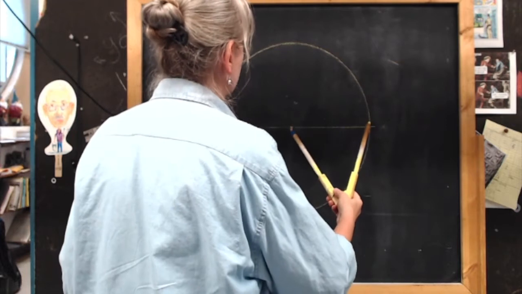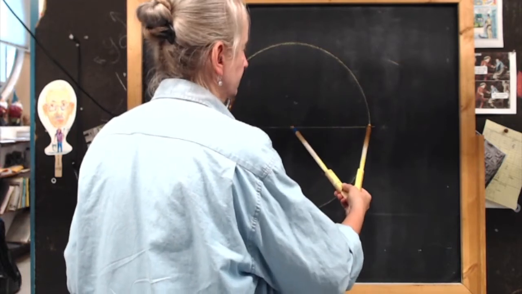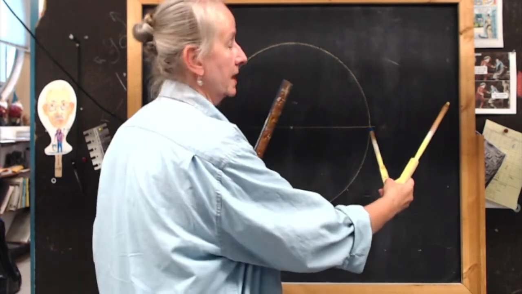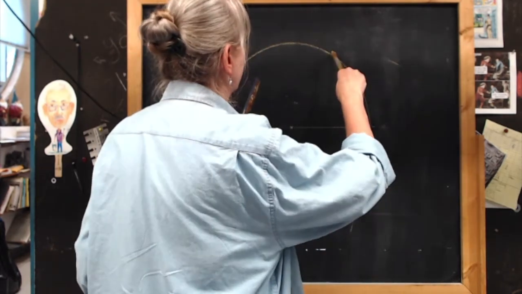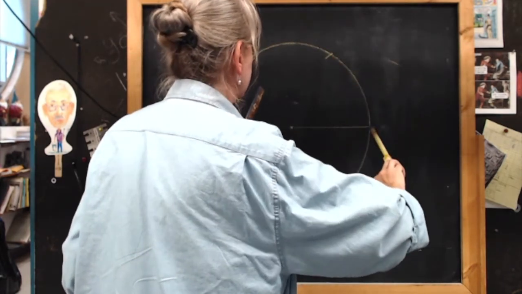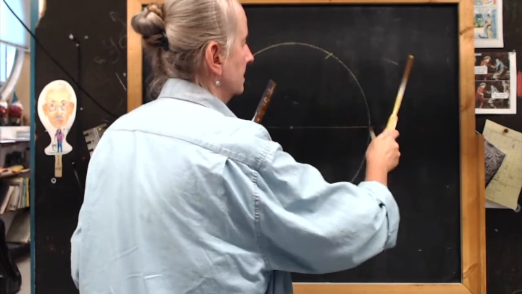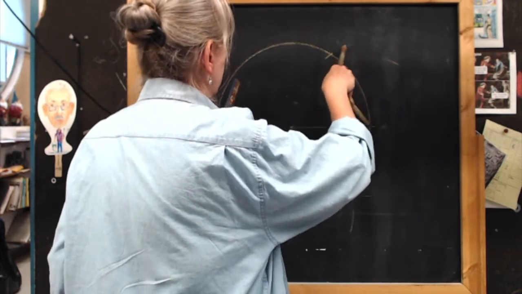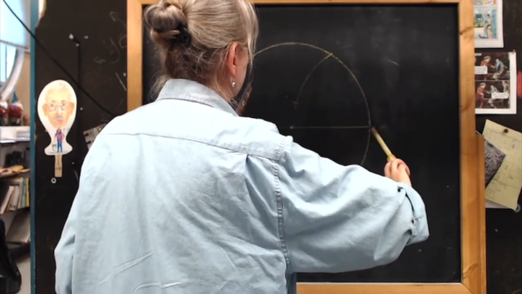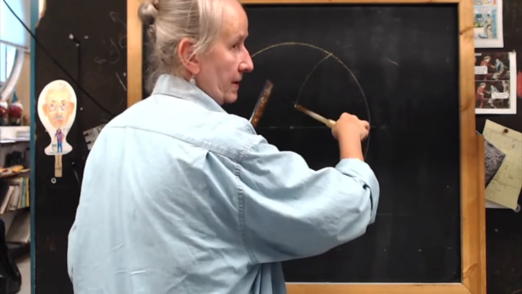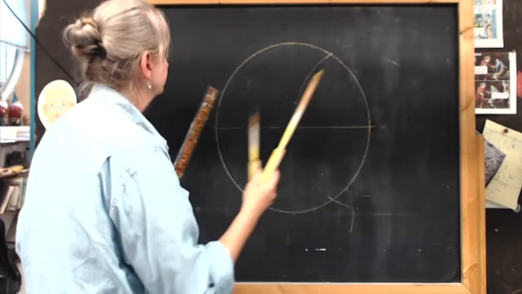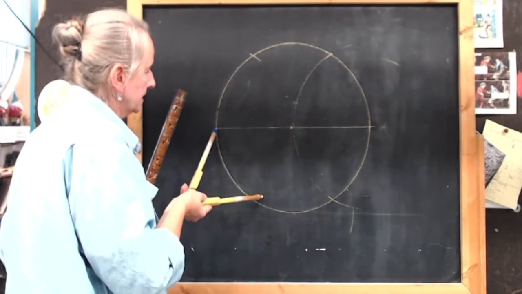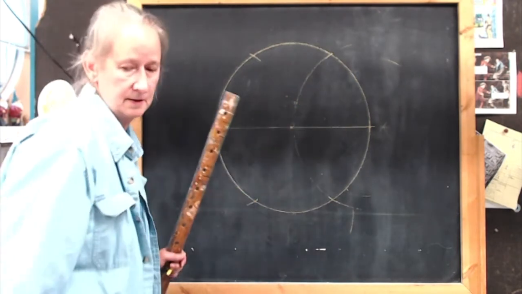All right, so here's my radius, right? Okay, so what I'm going to do is go out to either end of the diameter. I'm simply going to do that with the radius, okay? If we wanted to make it really, really clear, I draw the arc all the way through, all right? And then I'm going to do this here and that there.